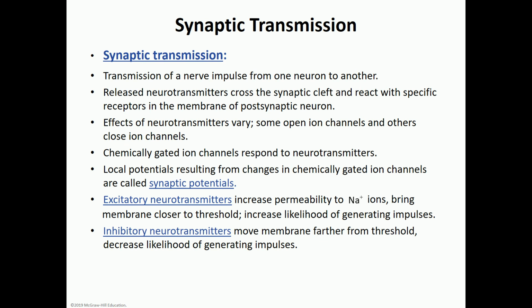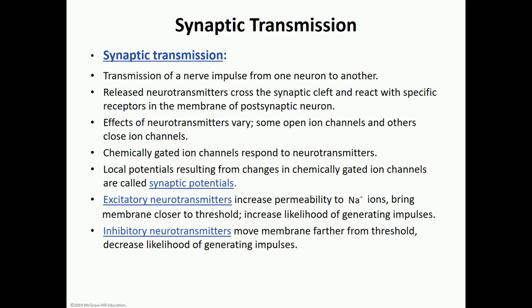That's going to lead to activation of ion channels, sodium, as we were talking about in this case, if it is going to excite the postsynaptic neuron. If it's going to inhibit the postsynaptic neuron, then we could open up potassium channels or chloride channels. So it all depends on what the effect is going to be.